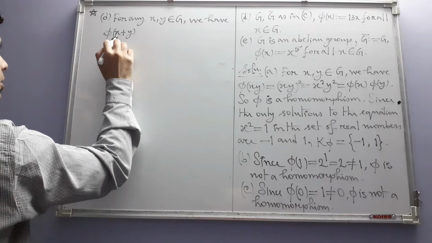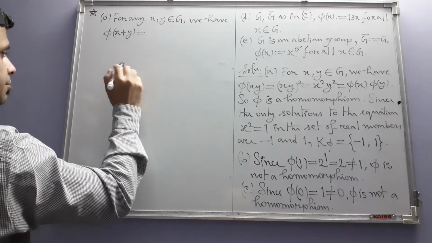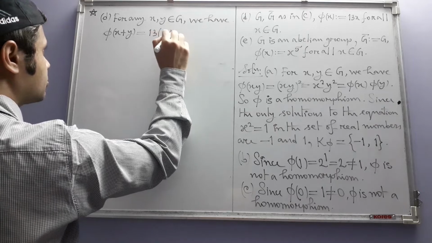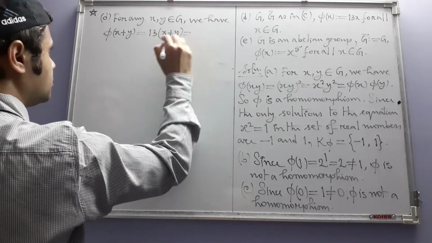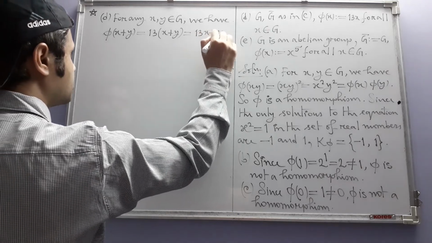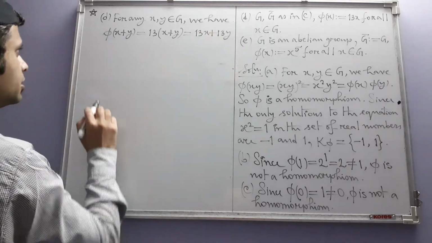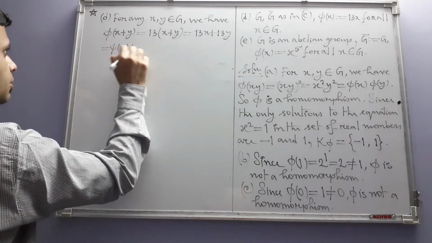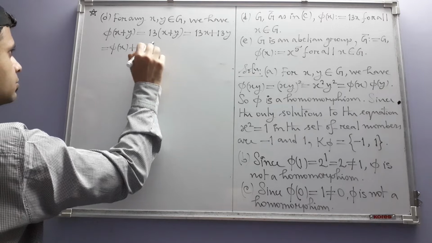Keep in mind that now the binary operation is addition in both the groups. Using the left distributive law that is true in the system of real numbers, this becomes this, which is phi of x plus phi of y.